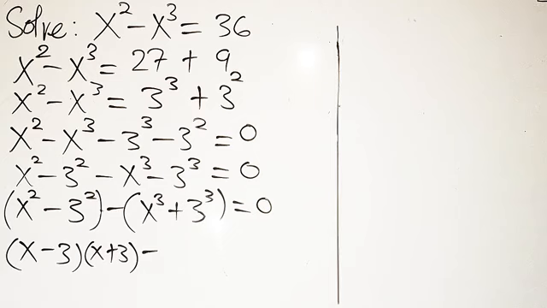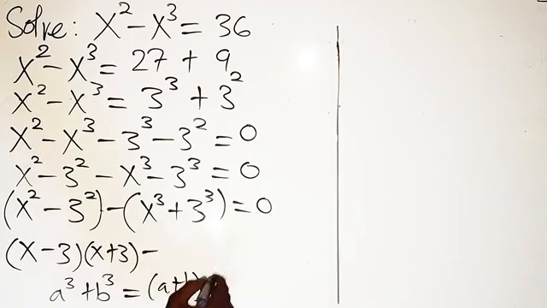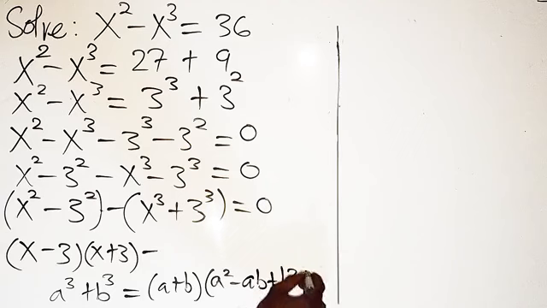So that can be written in this form. Whenever you have a to power 3 plus b to power 3, this will be a plus b, then a squared minus ab plus b squared.